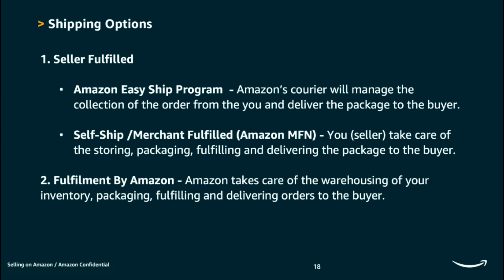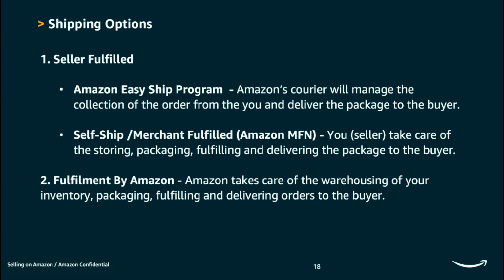If it's the Amazon Easy Ship program, you, as a selling partner, take care of storing and packaging your own inventory. Amazon's courier will manage the collection of the order, and we take care of the delivery to the buyer.